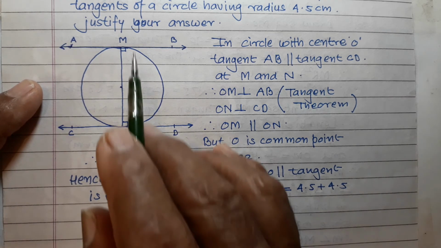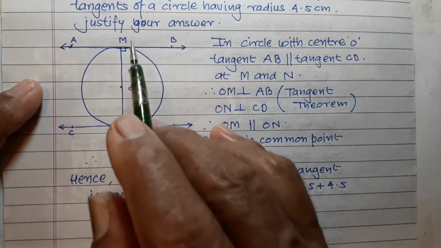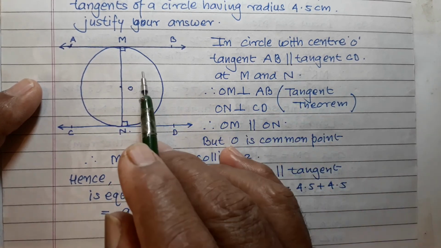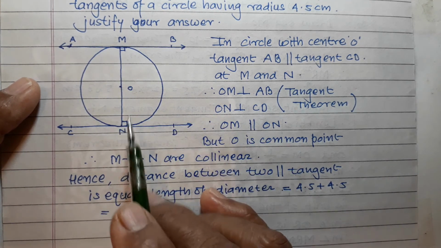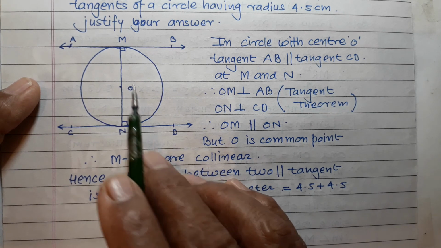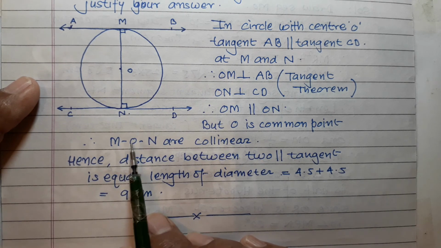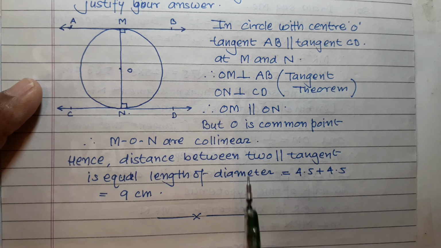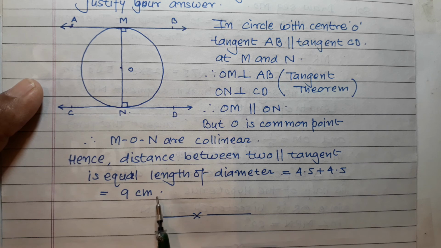Hence MN is equal to MO plus ON. So MO is equal to 4.5, given, so this is also 4.5, so this distance is equal to 4.5 plus 4.5, that is 9. Okay, so points M, O and N are collinear, hence the distance between two parallel tangents is equal to the length of the diameter, and is equal to 4.5 plus 4.5, is equal to 9 centimeter.